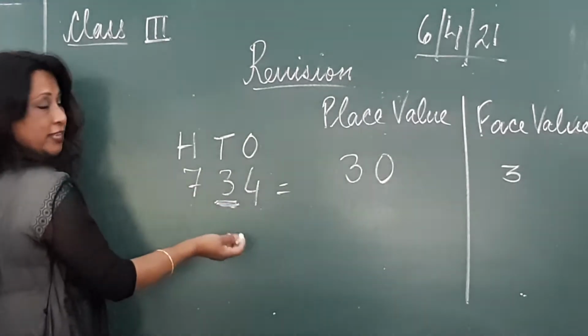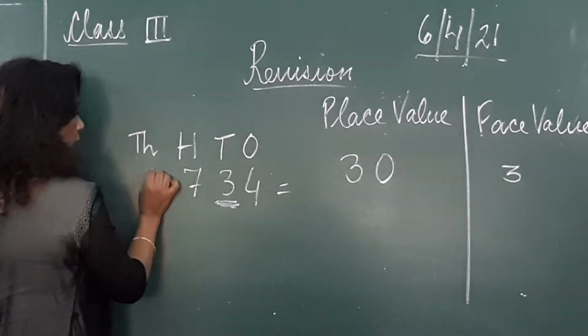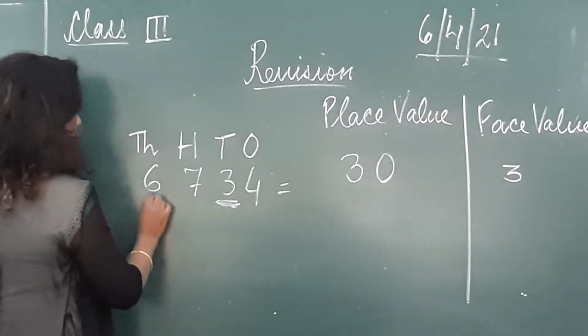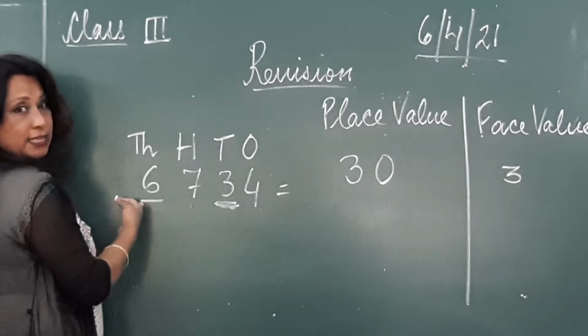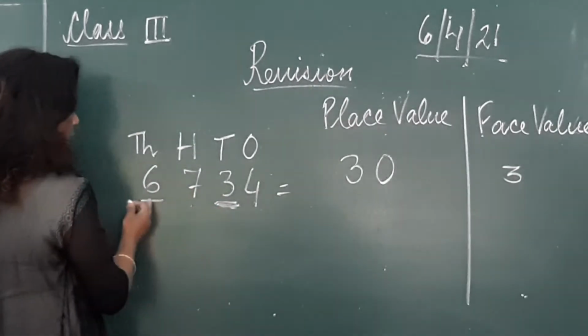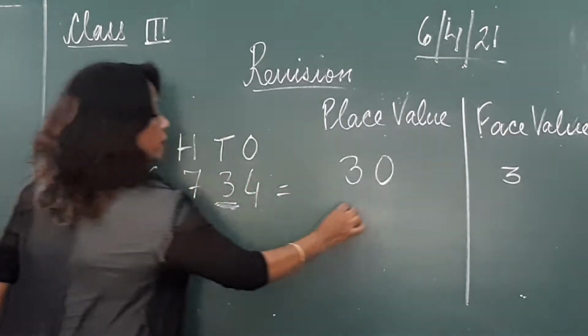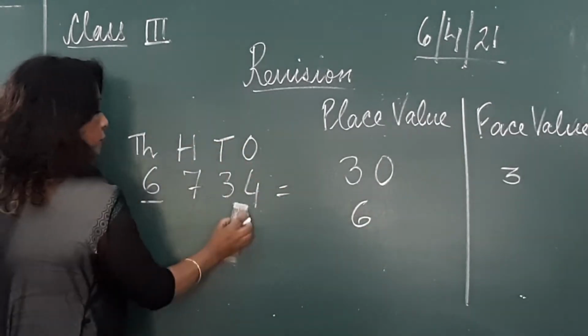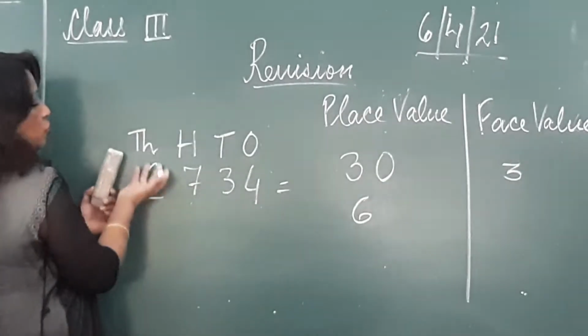Same thing you can do with thousands, meaning 4-digit numbers, like 6. If I underline 6 and ask what is the place value of 6, you write 6, whichever number is underlined. Let me rub this. 6 I have underlined. Under which place value is it?